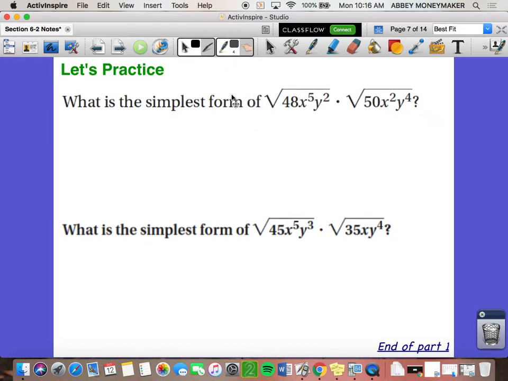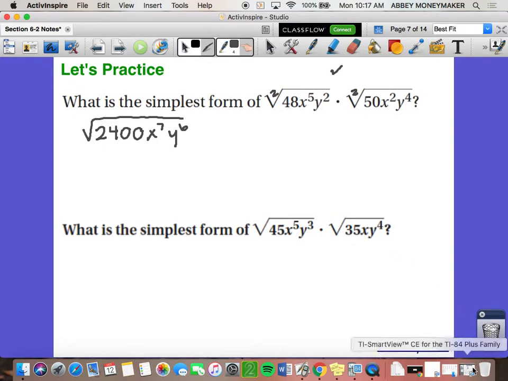So on this first one here, you notice that your index is the same, so we can go ahead and multiply. That gives me 2400 x to the 7th and then y to the 6th. Okay.